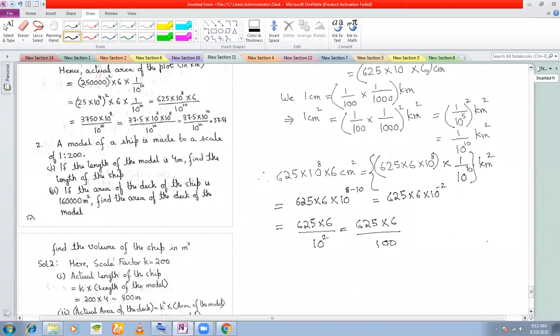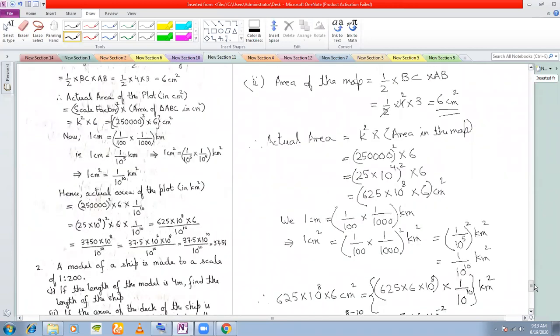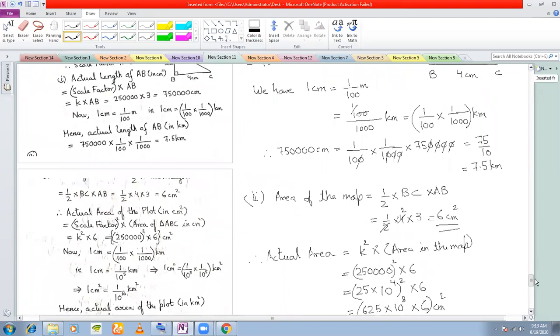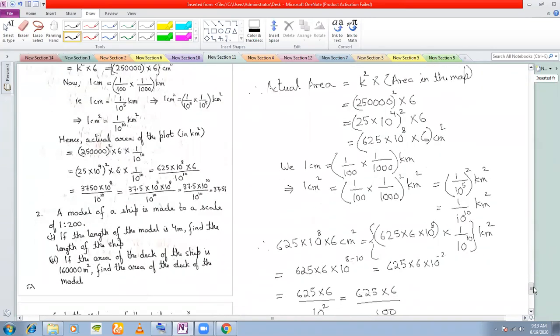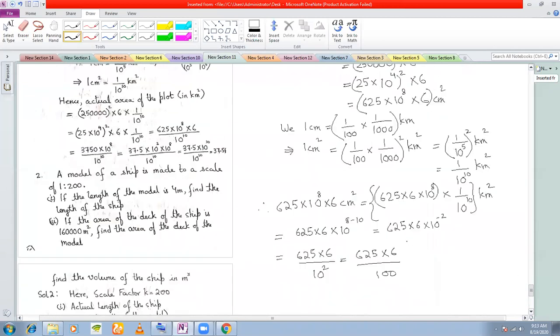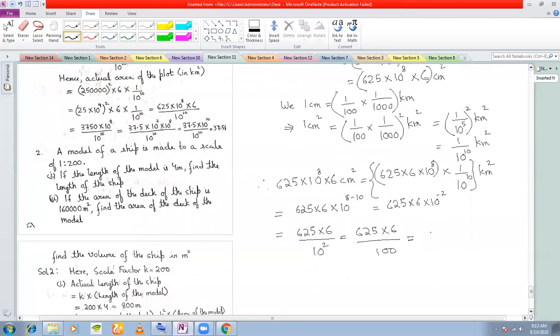Okay, so this comes to 3750 by 100. Okay, so 10 cancels, it becomes 37.5 square kilometers. Any questions till this part?